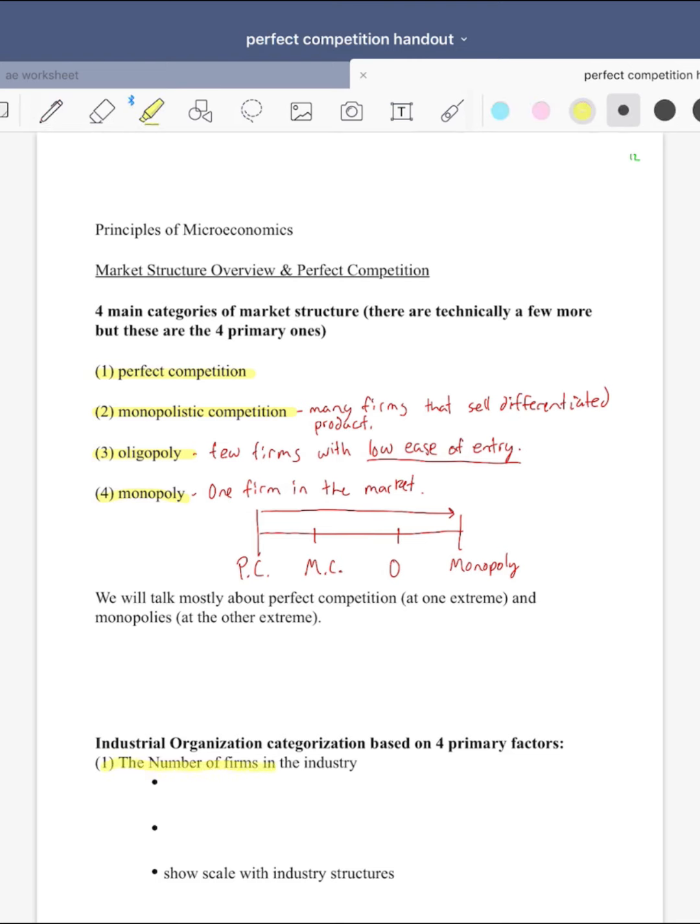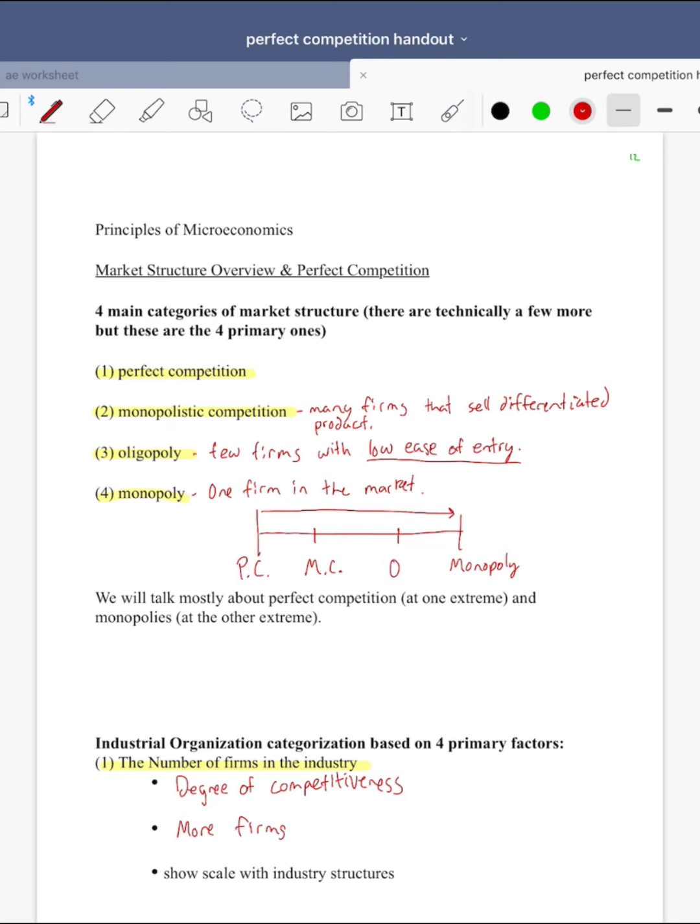The first key characteristic is the number of firms in the industry. We refer to this as the degree of competitiveness. So how competitive is the actual industry?